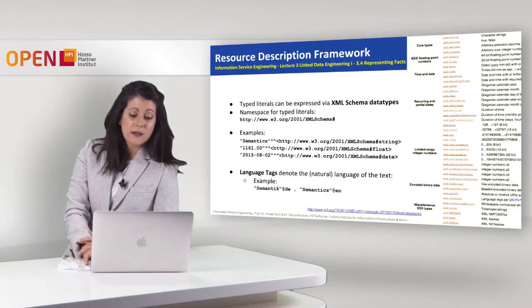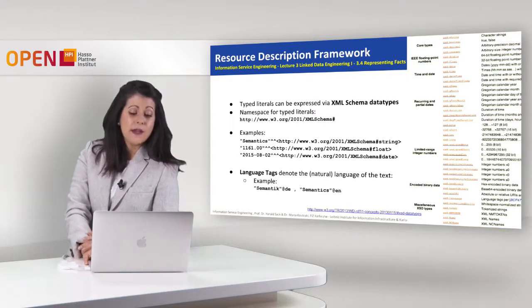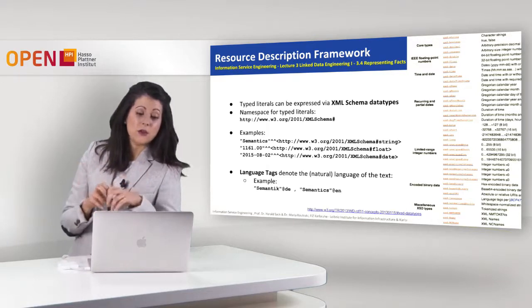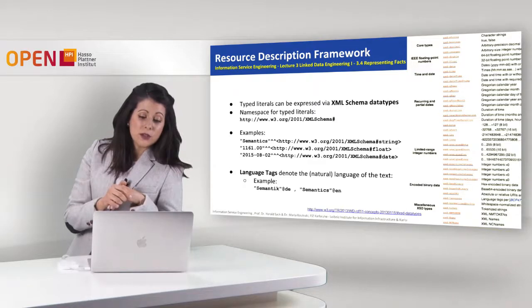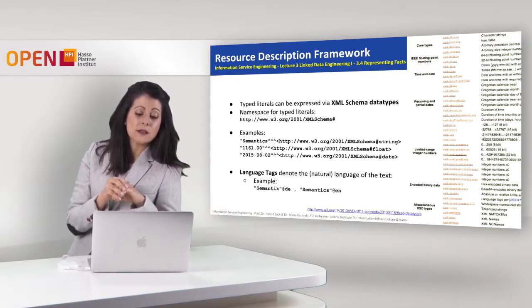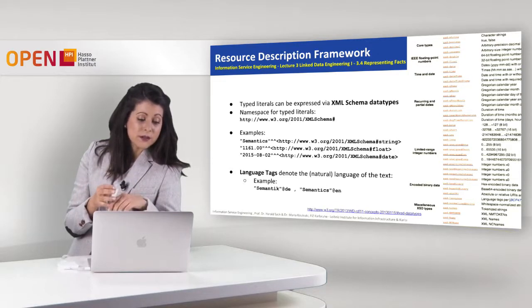This is the namespace of the typed literals. And let's see some examples of that. So semantics is a literal value. It's actually a string. You see that after the value semantics in quotation marks, comes the whole definition of the data type to which it belongs. So here we see that semantics is a string, while the next one is a float. And the last one, the 2015 of August 2nd, is a date.